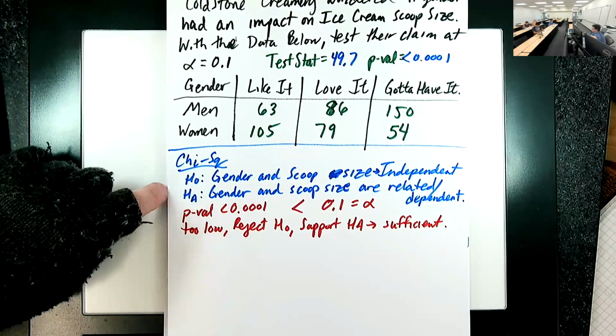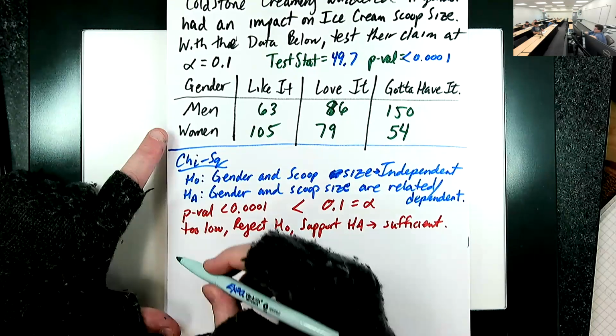HA is that there is a relationship between gender and scoop size.